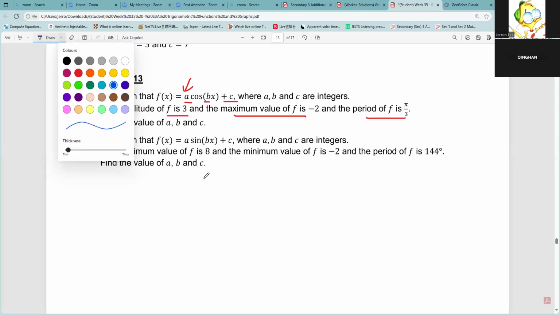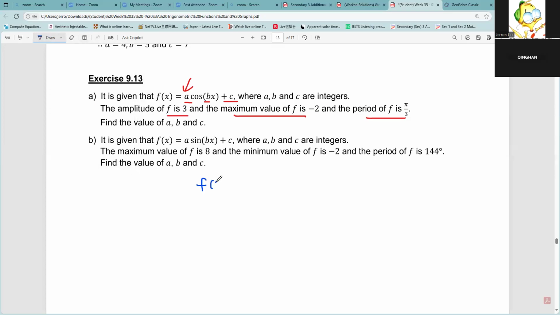For instance, f(x) means function of x, which is like a y, equals 3 cosine bx plus c. Hope you know what's going on now. It's like just putting back the value. So remember I shared with you this has always been our amplitude. So that's why this is actually going to be 3. Hope you can understand. And then maximum value is -2.